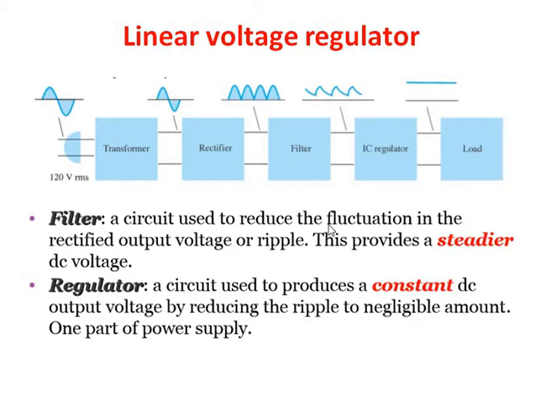Filter is used to reduce the fluctuation in the rectified output DC voltage, or ripple voltage. That means it reduces the ripple in the output of the rectifier voltage. And finally the regulator is used to produce constant DC voltage. So in an IC regulator, input is the unregulated DC voltage, and at the output side of the IC regulator we get the constant DC voltage or regulated DC voltage.